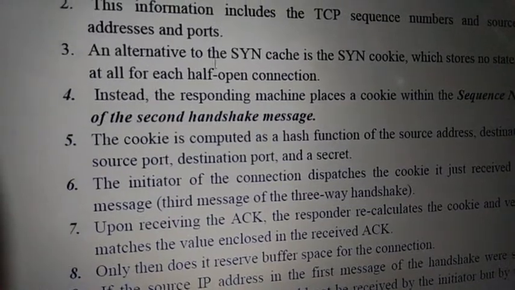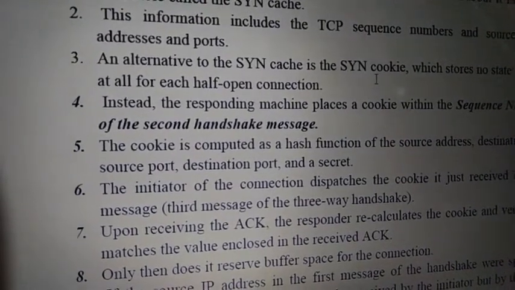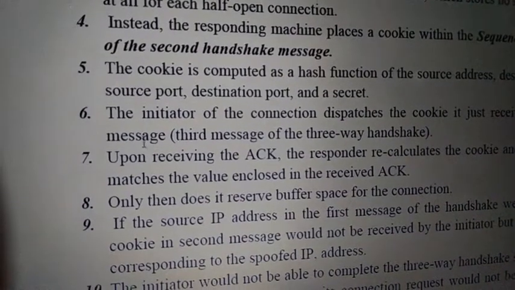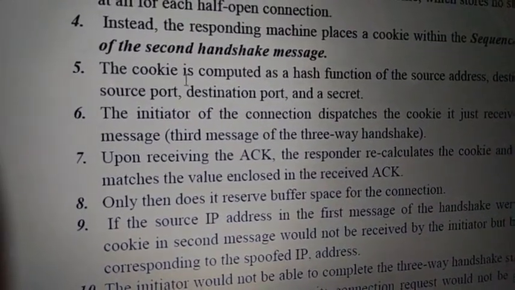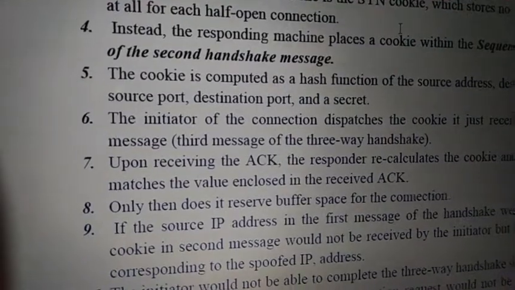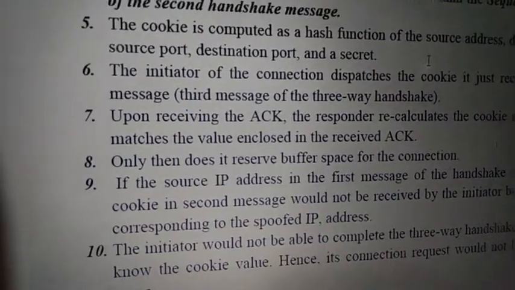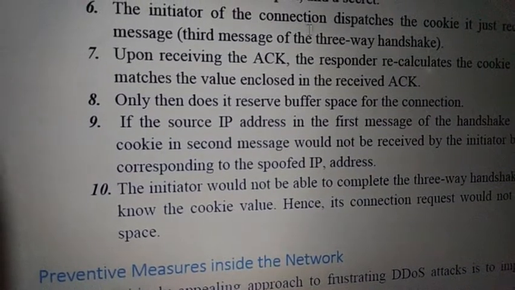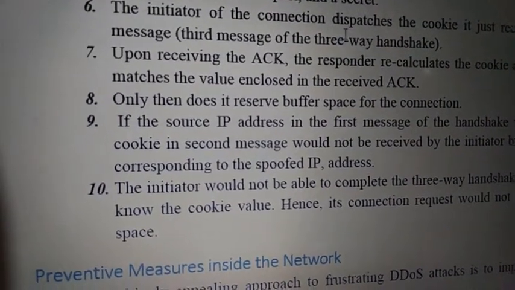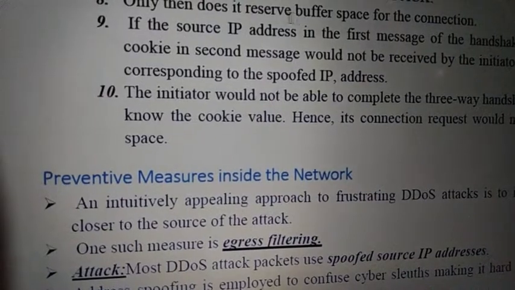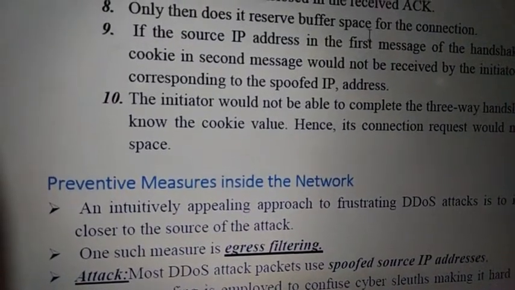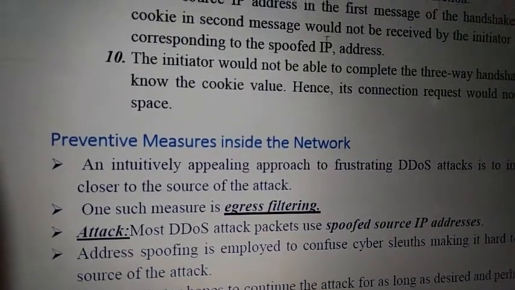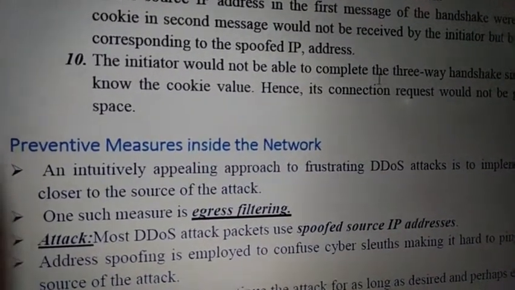An alternative to the SYN cache is the SYN cookie. Based on the source and destination address and port, a cookie is computed. It stores which are the half-connected or fully connected IP addresses. By observing these IP addresses, we are going to control or prevent spoofed IP addresses.